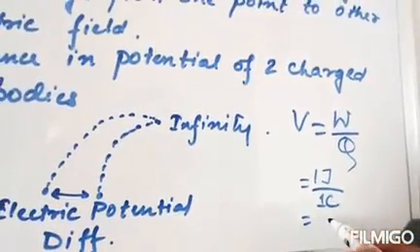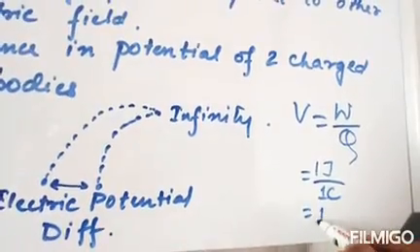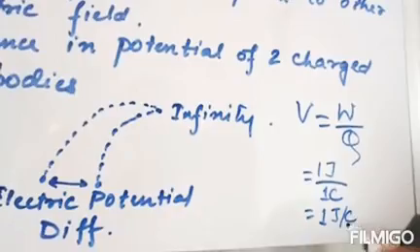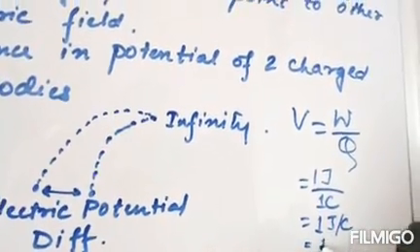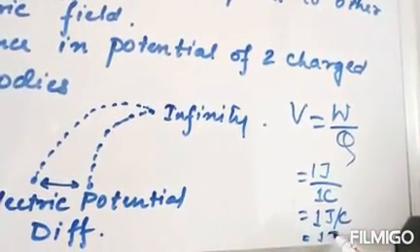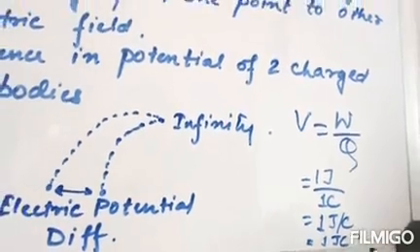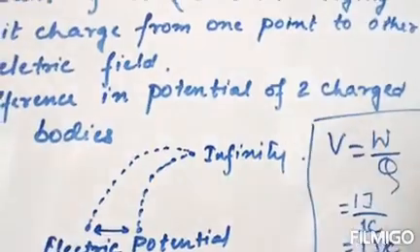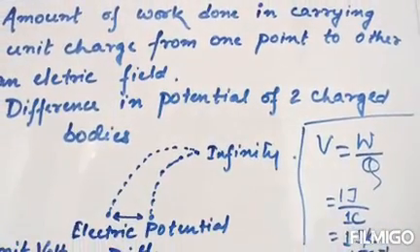Or we can say 1 joule per coulomb, or 1 joule coulomb to the power minus 1. This is how you express and calculate potential difference.